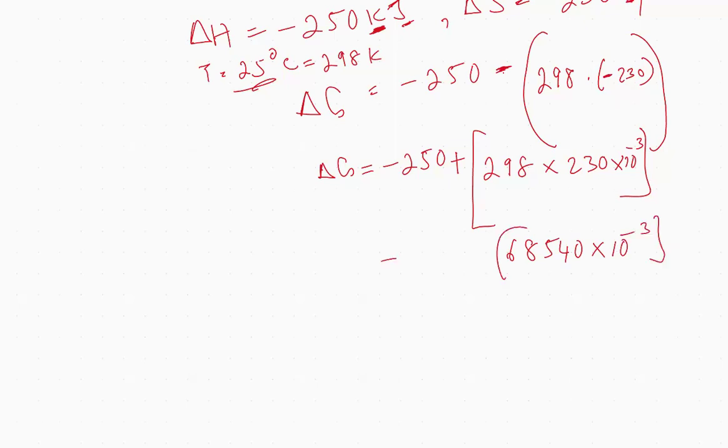So here minus 250, and converting to kilojoules this becomes 68.54, positive. So my answer is going to be minus 250 plus 68.54, so I get about minus 181.5 kilojoules, because now we have converted everything into kilojoules.